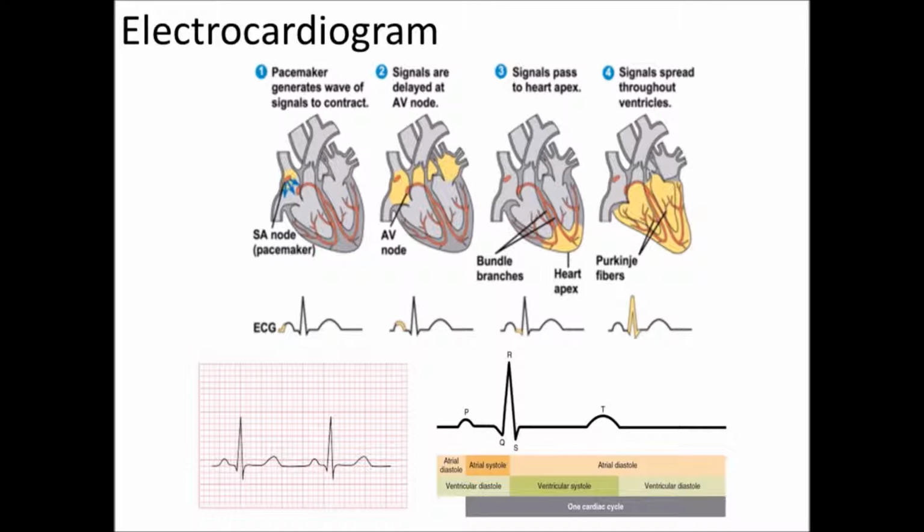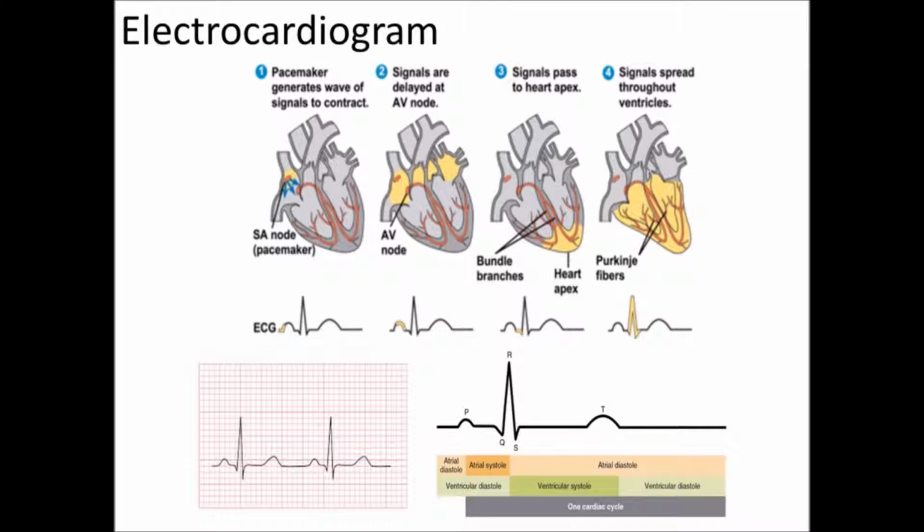There is a period of time, approximately a tenth of a second, during which there's no electrical activity. As we can see, this is a flat line on the ECG trace. After which begins the QRS complex, and this represents the contraction of the ventricles, or ventricular systole.